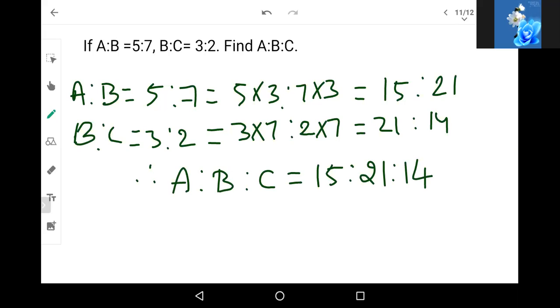I don't think we'll be able to reduce the ratio further because you have prime numbers. Yes? Okay. Clear? Understood everything? No doubts? Very good.